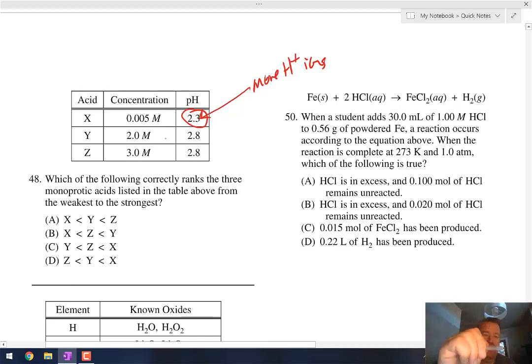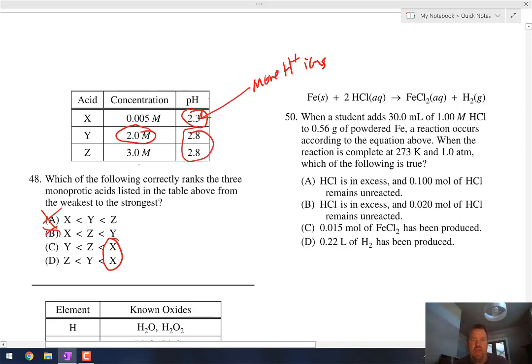So therefore, absolutely, acid X is the strongest acid. And that is right here, which means A and B are out. Now between Y and Z, use that same logic: Y has a lower concentration, yet they both have the same amount of hydrogen ions.